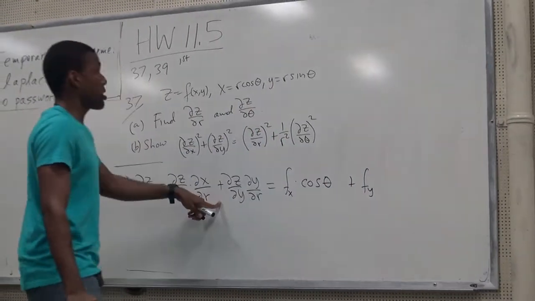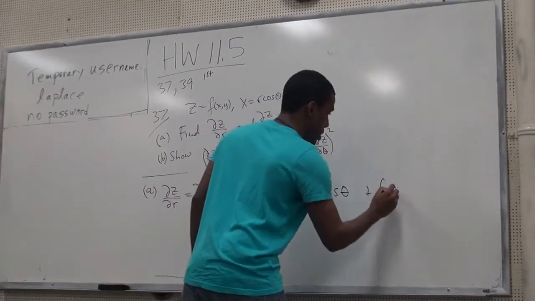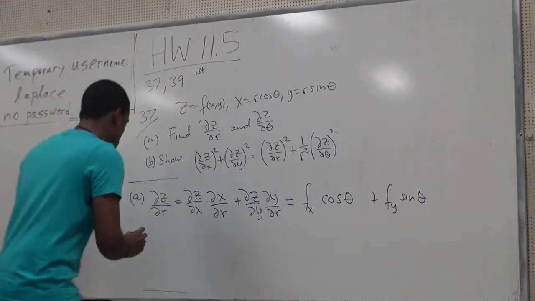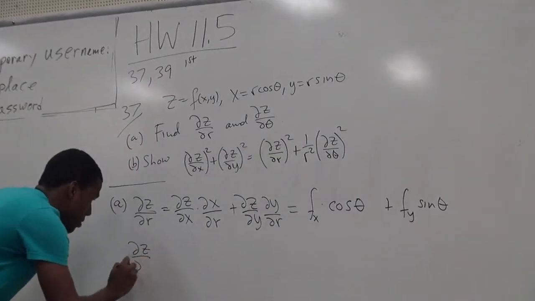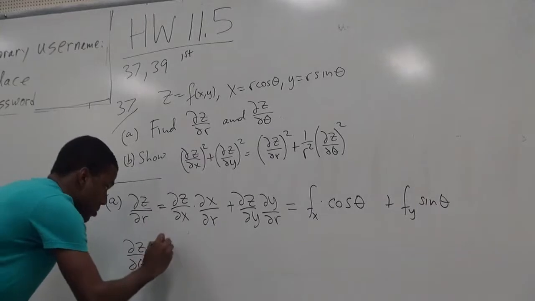Fy, and then this with respect to r, that's just sine. Okay, so far so good. Partial z, partial theta. Very similar formula.